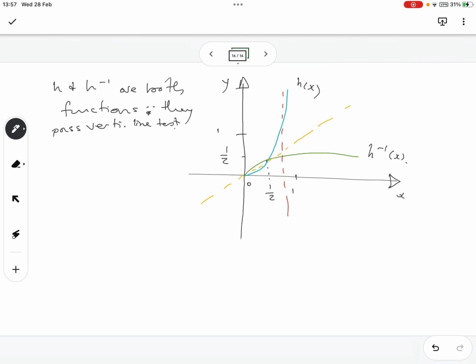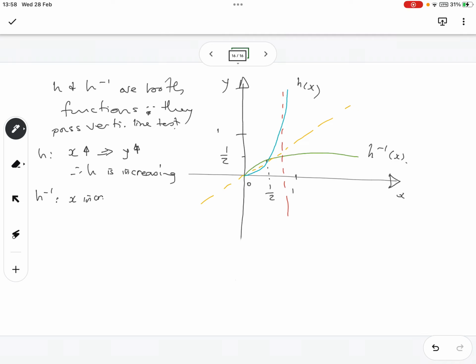Then for h, as x increases, y also increases. So let's look at h. x increasing implies y also increasing. Therefore, h is increasing.